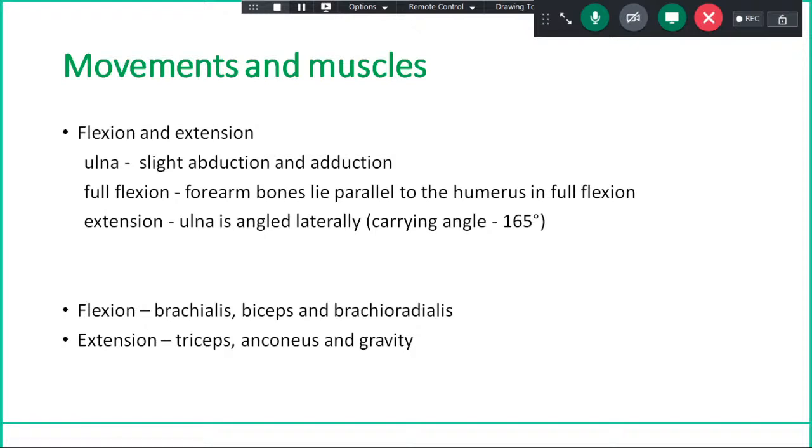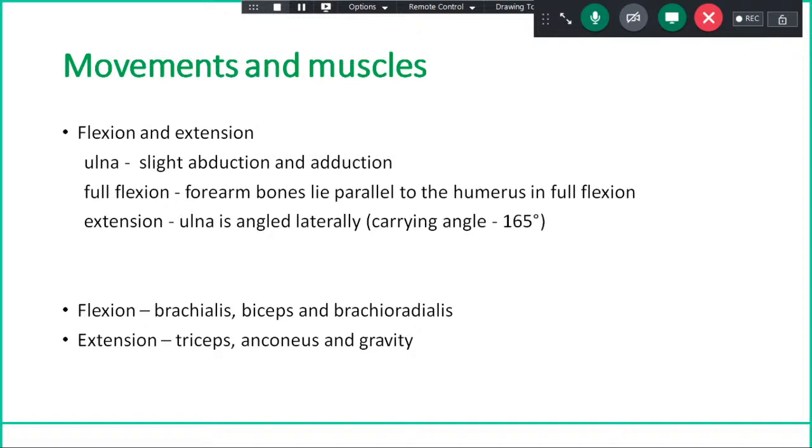this ulna is actually making an angle with the long axis of the humerus, about 165 to 170, because I am giving you some range, as some books say 165 and some 170.